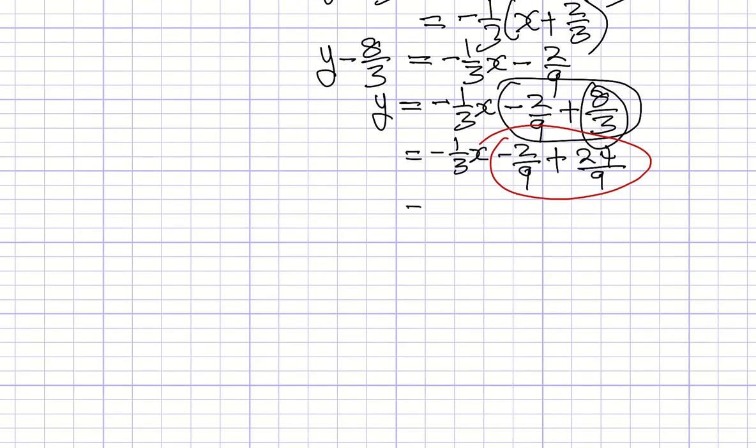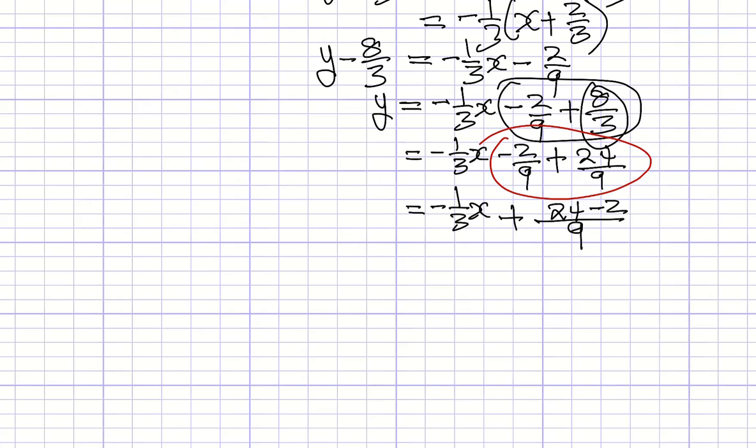That will be equal to negative 1 over 3 x, plus 24 plus 2 over 9. Make sure you see that.